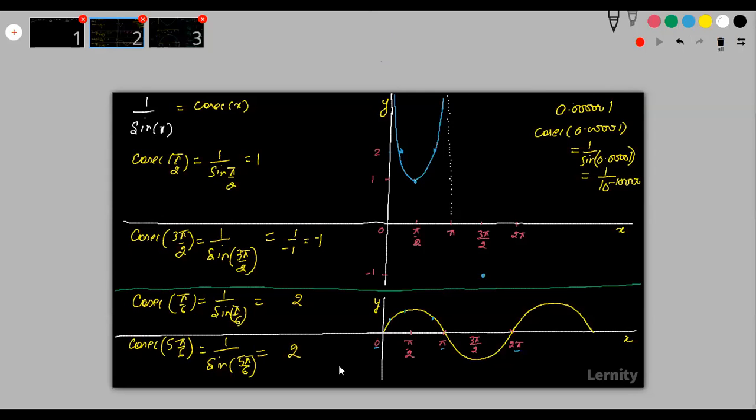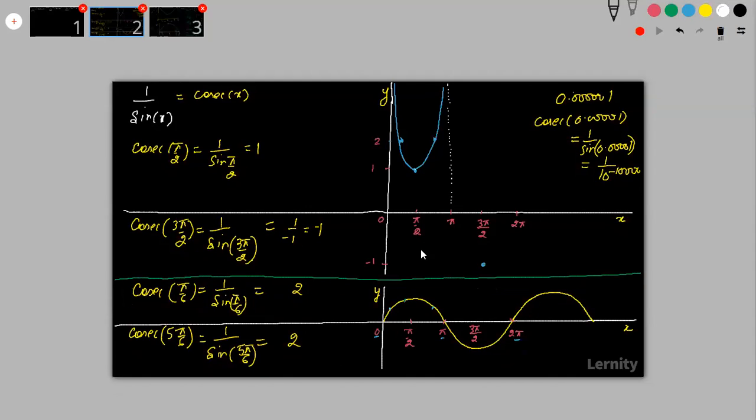For sin x upward, we get this shape of 1 by cosec x. If it is downward, we should get the exact shape downward. So let's see what we will get. But this part is okay for everyone, this upward U shape.